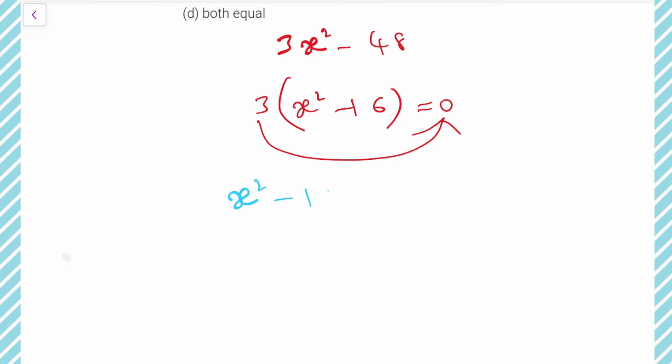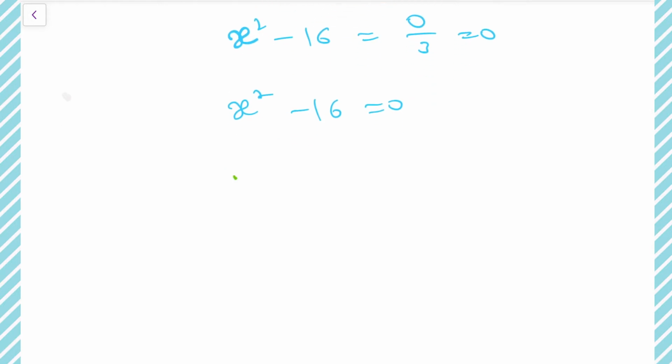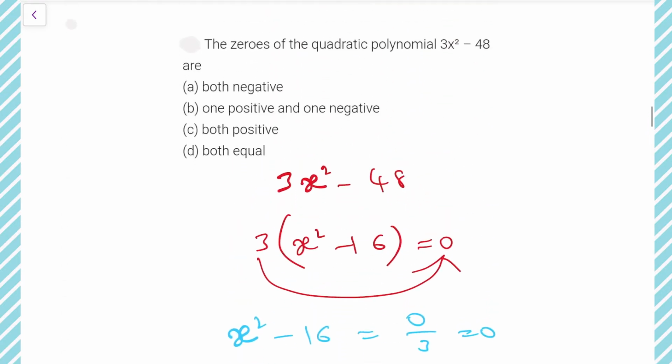So x square minus 16 is equal to 0 by 3, which is nothing but 0 again. So we got x square minus 16 is equal to 0. Take minus 16 to the right side, it becomes plus 16. So x square is equal to 16. Which number's square is 16? It may be minus 4 or plus 4. So x is equal to plus or minus 4. Plus or minus means one is positive and one is negative.